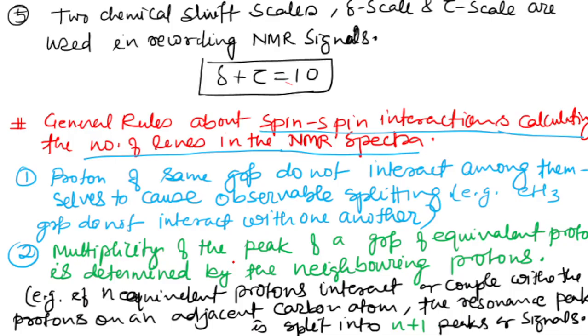The multiplicity of the peak of a group of equivalent protons is determined by the neighboring protons. For example, if an equivalent proton is coupled with the protons on an adjacent carbon atom, the resonance peak is split into n plus 1 peaks or signals.